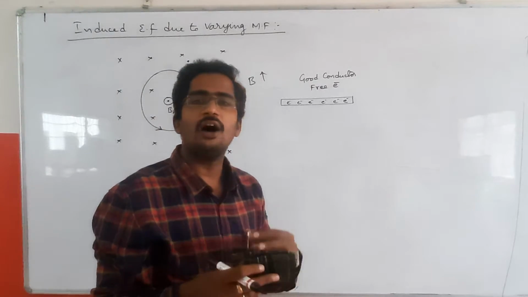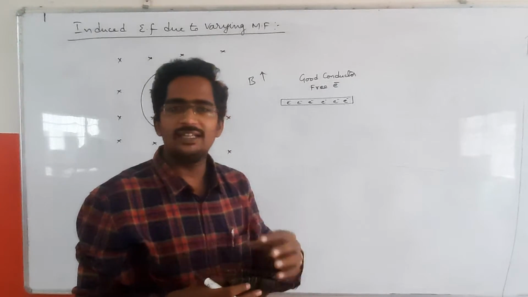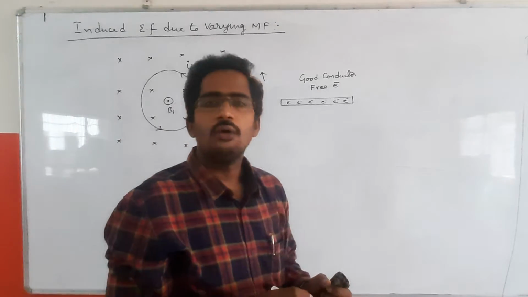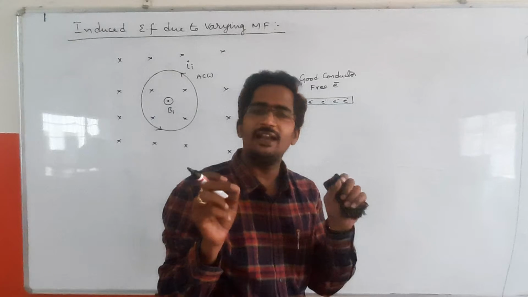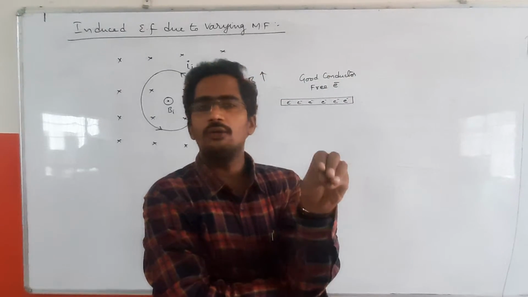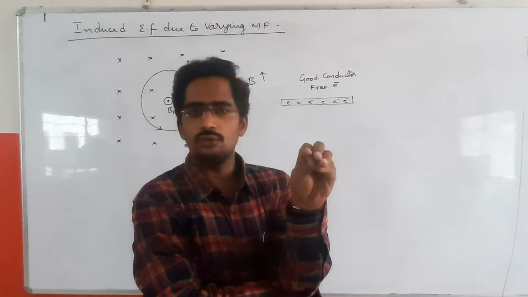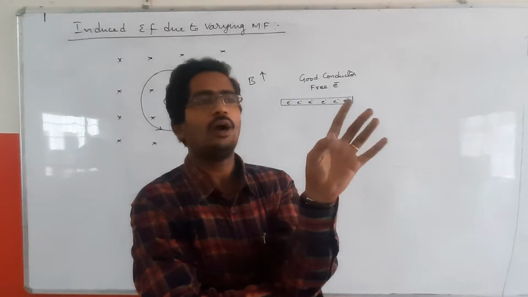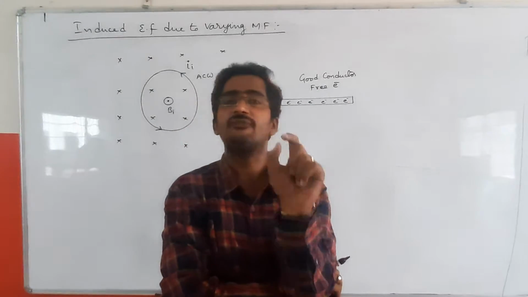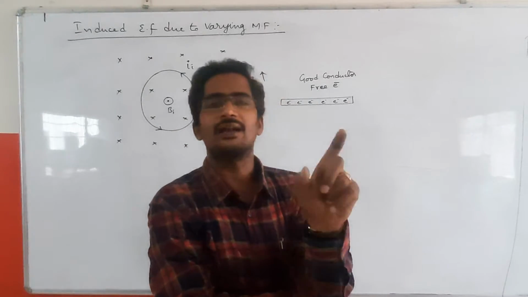Current means flow of charge from one place to another. For doing that, what do we need to do? We need to apply potential difference. Whenever you want to send a current through a conductor, you need to apply potential difference across the conductor.